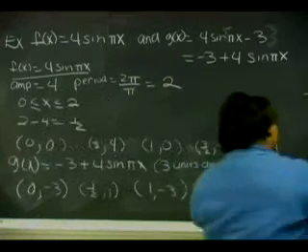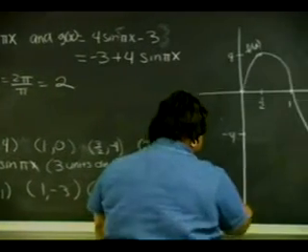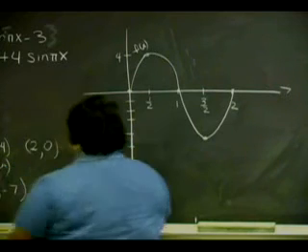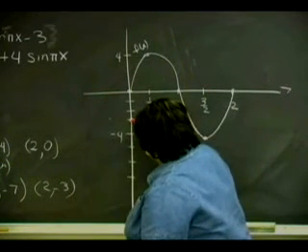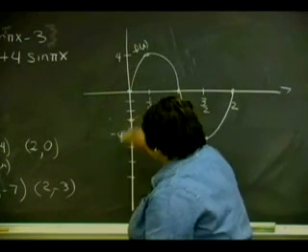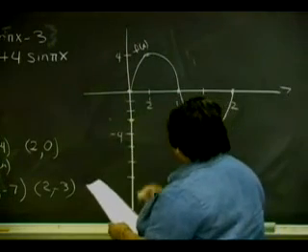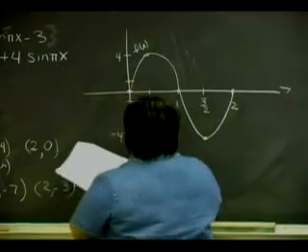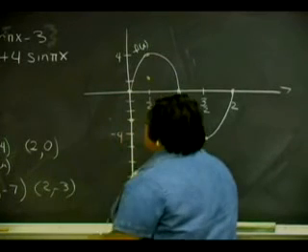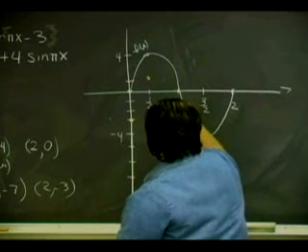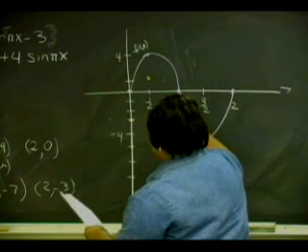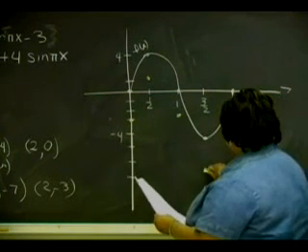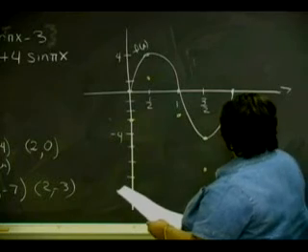So 0, -3; 1/2, 1; 1, -3; 3/2, -7; and 2, -3.